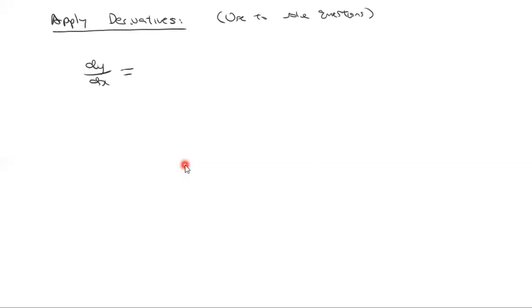The rate of change. Of what? Not the rate of change of x. Definitely not the rate of change of x. Of y. Yeah, it's the rate of change of y, as x changes. Right.